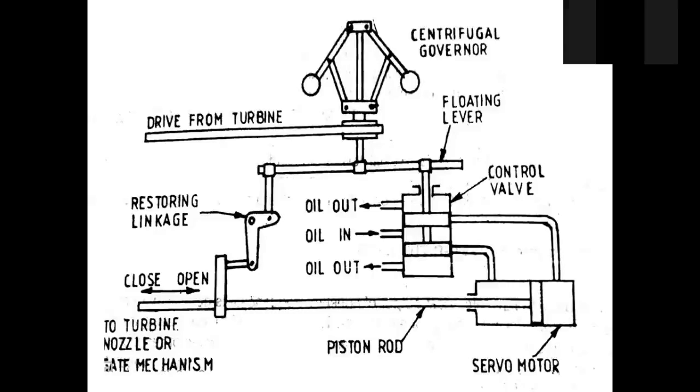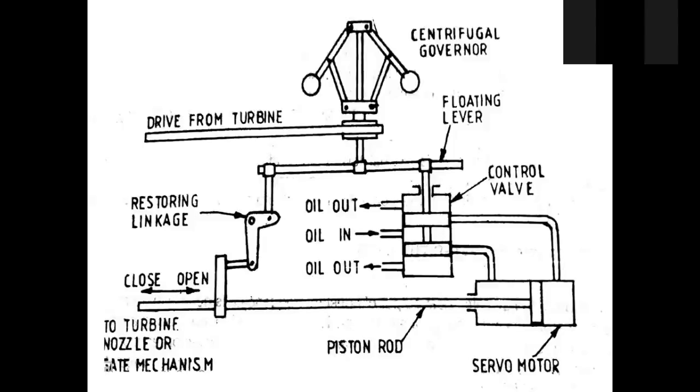Pressurized oil is entered, and there are two pistons that cover the two pipes which are connected to the servo motor. As you can see, there are two pistons which are covering the two pipes connected to the servo motor.